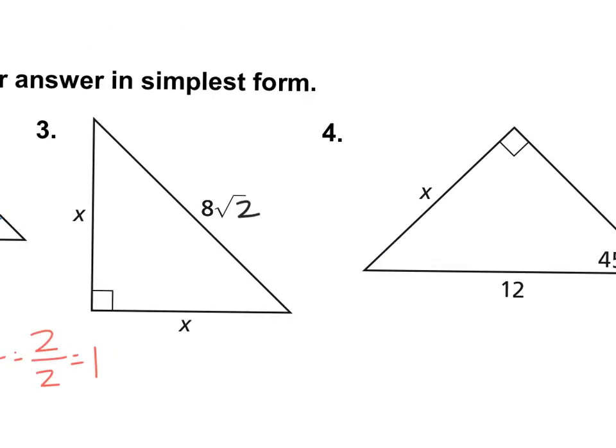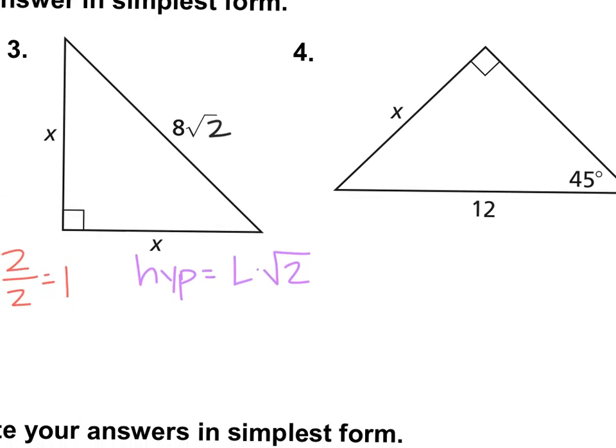All right, you ready to go over these? For number 3, what is my unknown? What am I trying to find? Good, I need my legs. The only formula I know for a 45, 45, 90 is that my hypotenuse is equal to my leg times radical 2. However, what value am I actually given here?